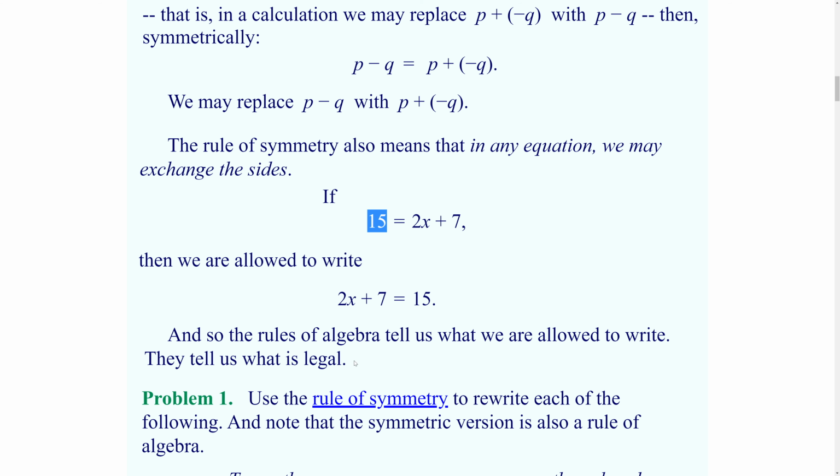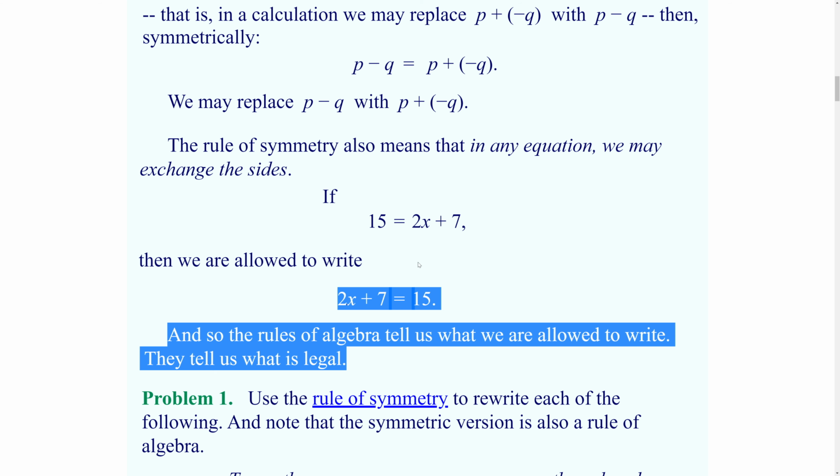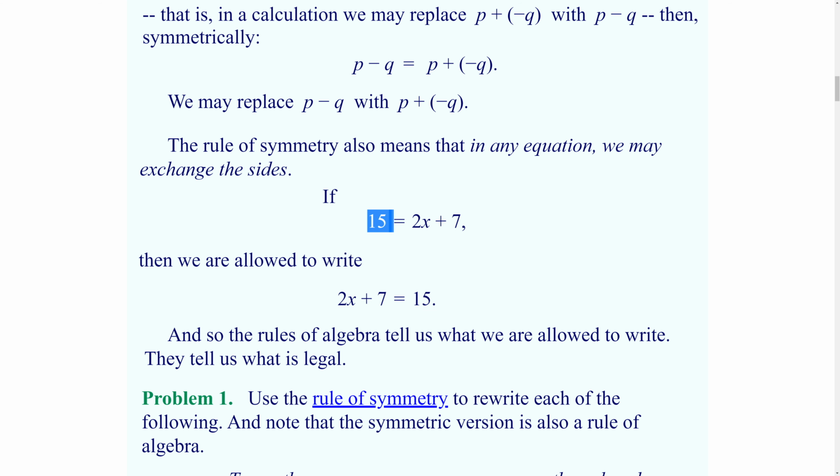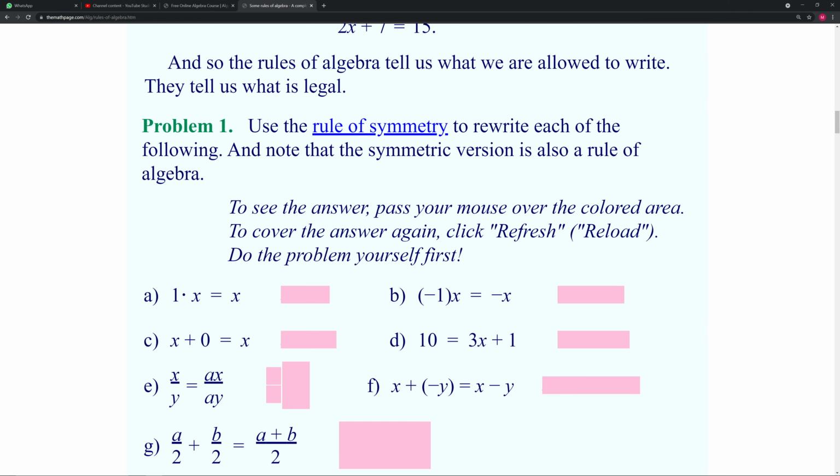They tell us what is legal. So as you can see, all we've done is move that over to that side of the equal sign and the 15 over to the other side. So what this is saying is this equals this, whatever this may be. But we know what this is. It's 15. And we know that this whole expression here is also 15. Right, so problem time. Let's run through a few problems.